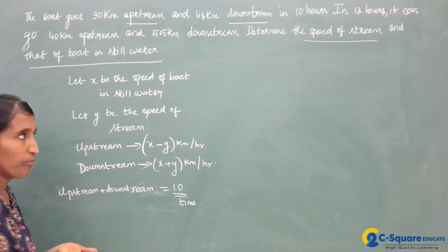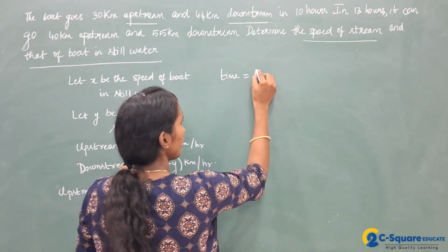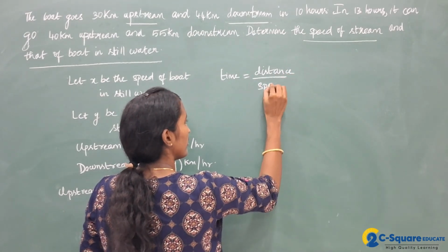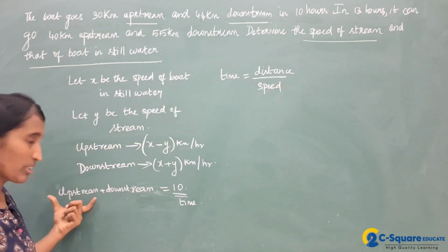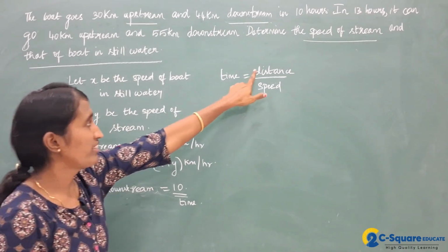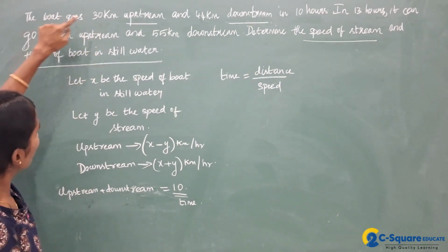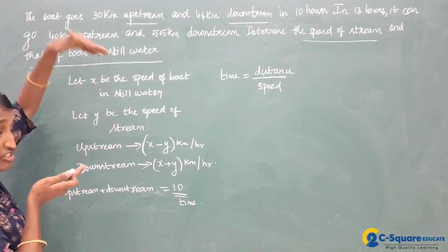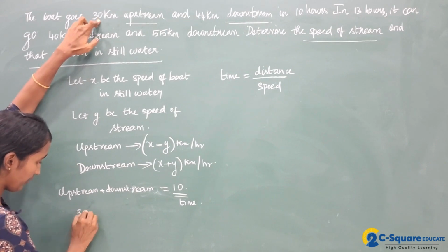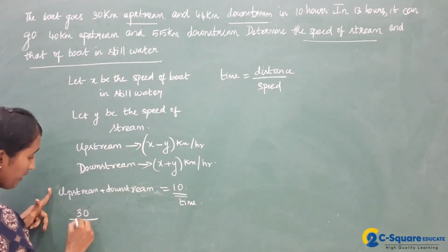What is the basic formula? Time equals distance by speed. We do not know the upstream time and downstream time, so we are going to write them in terms of distance by speed. The upstream distance the boat travels is 30 kilometers, divided by the upstream speed, x minus y.